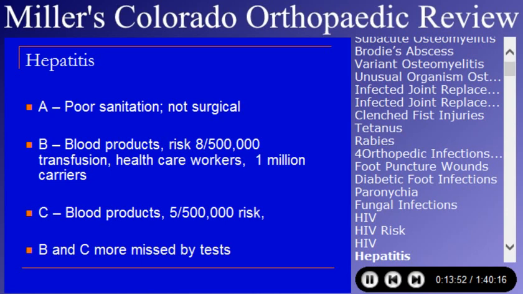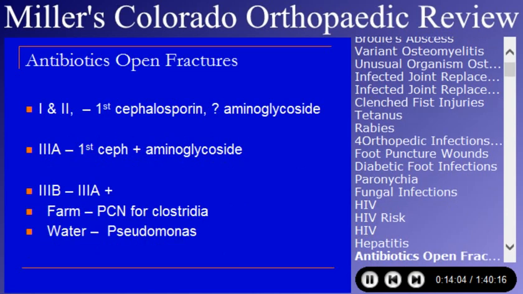The hepatitis C virus continually changes its genome to some degree, making testing obsolete almost as soon as a test is identified. Antibiotics for open fractures, you may well get asked about.